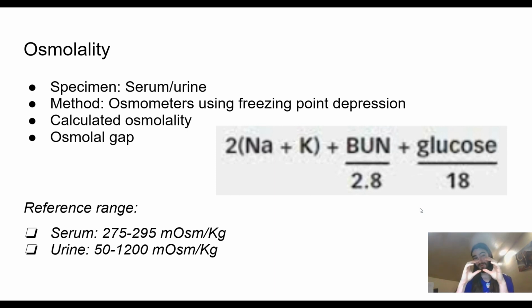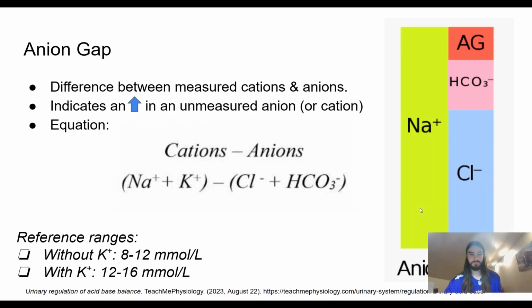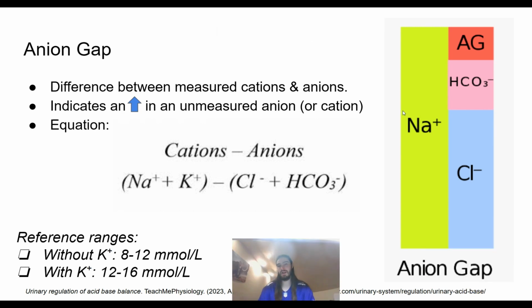If there's a big gap between measured and calculated, that can be indicative of some sort of disease state, some extra particle in the blood that is causing that. A couple of reference ranges. Okay, now anion gap. Anion gap is a similar concept to osmolality gap. It's the difference between measured cations and anions, as you can see on the right here in this diagram.